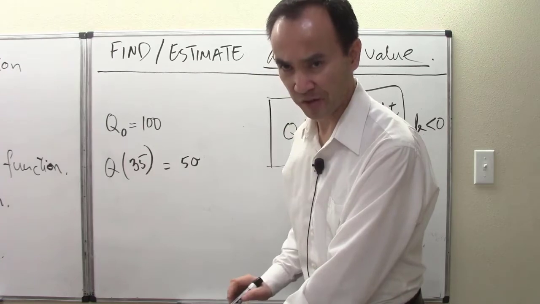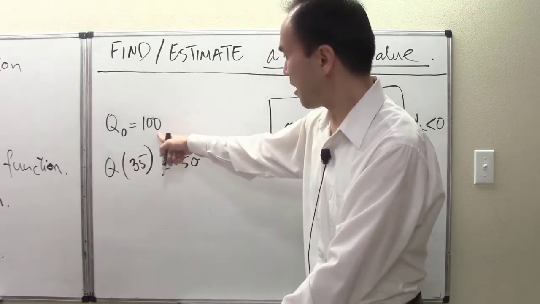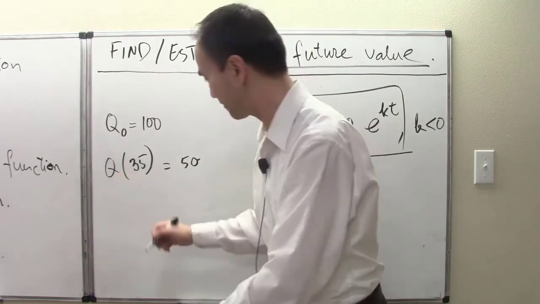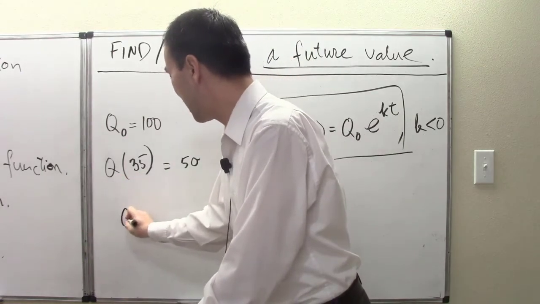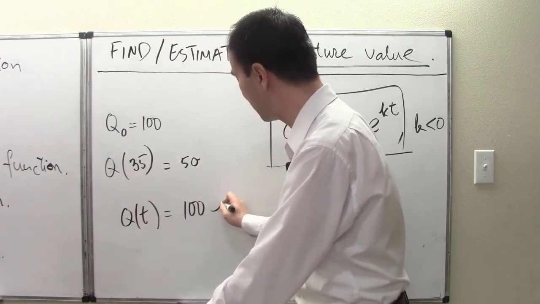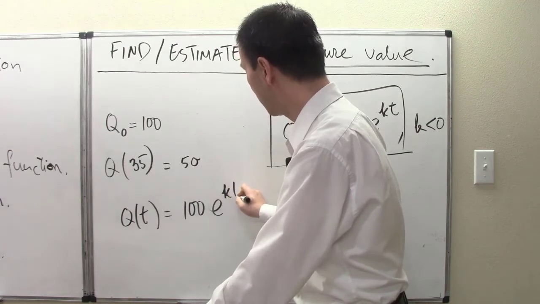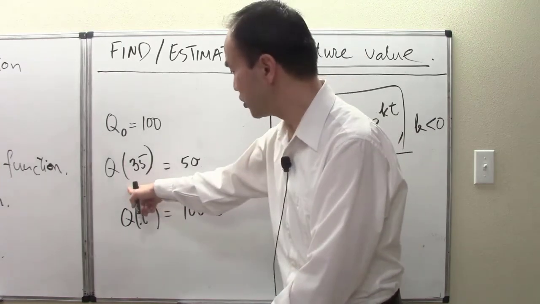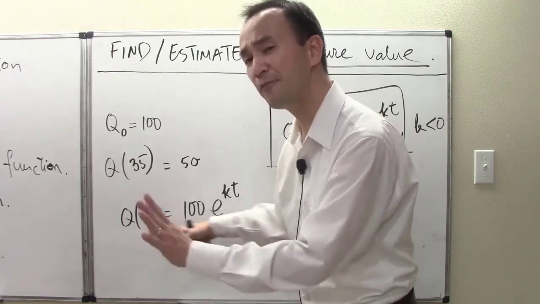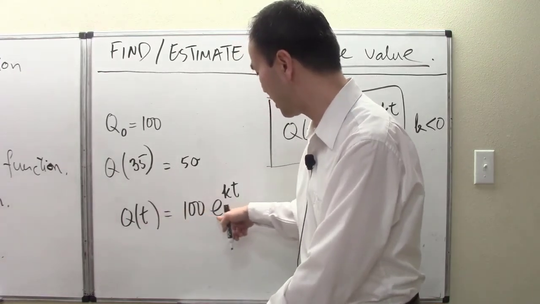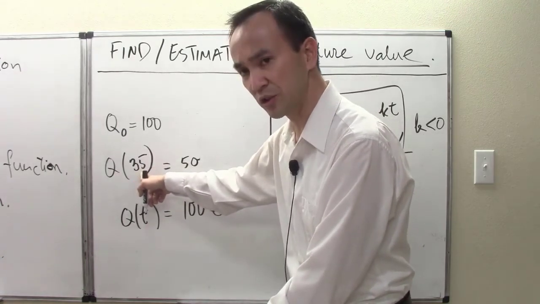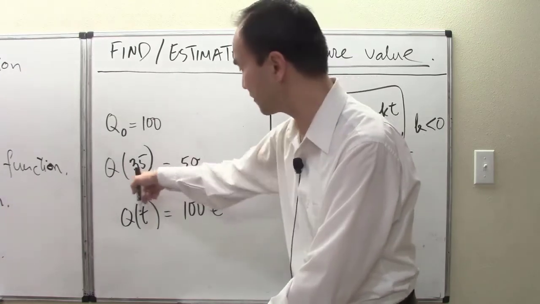Now, having this initial amount, from what we have already learned, our function Q of t must be 100 times e to the kt. Utilizing this information in our halfway-found equation, Q of t equals 100 e to the kt, when t equals 35, we have the output Q of 35 equals 50.